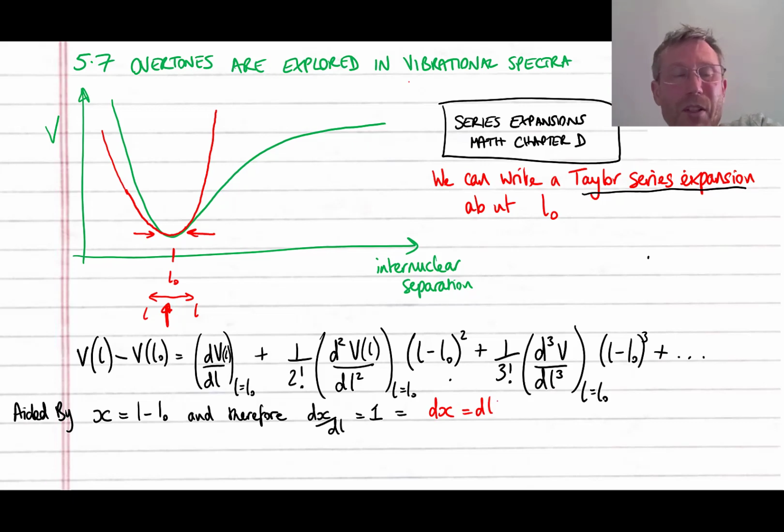So that's going to help us as we go from Math Chapter D to this series expansion. The second thing we're aided by is that at x equals 0, we recognize that L is equal to L0.